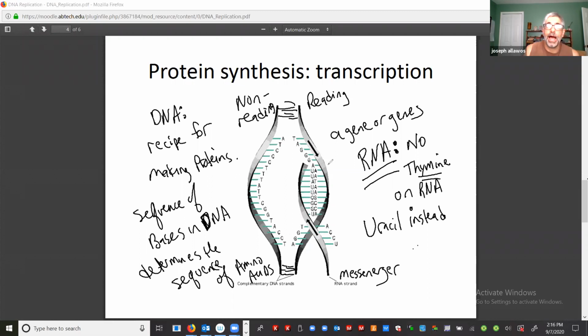I don't know how the messenger RNA knows which side is which, but safe to say that it knows which side to read and which side not to read, because it's only using one side or the other. So if you see something about reading and non-reading sides of the molecule in your reading, you'll understand what's going on.